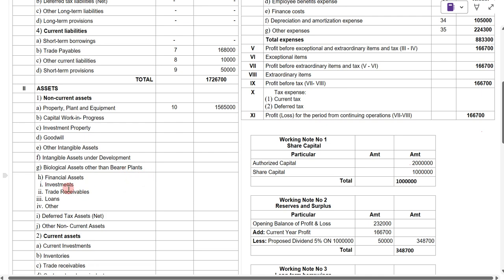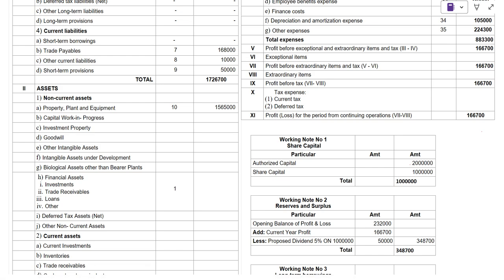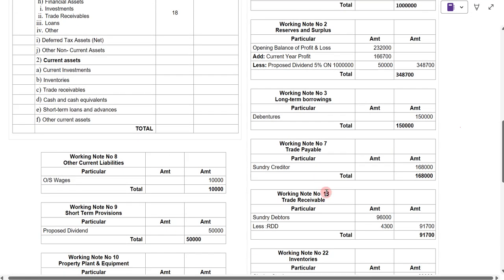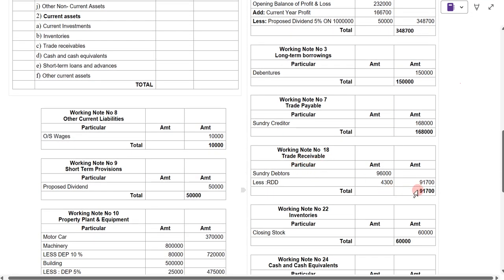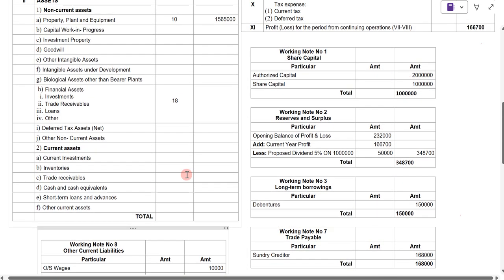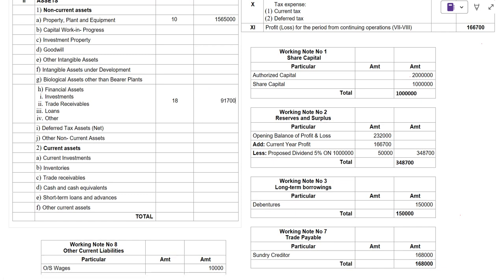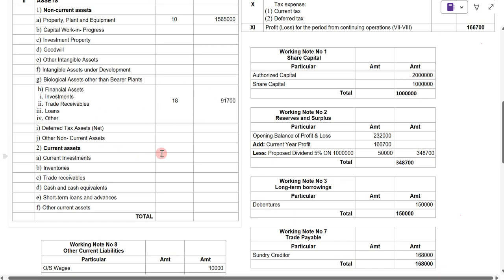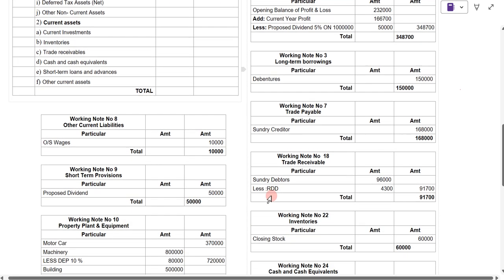Then next, in the current assets we have trade receivables. The note number is 18. See here, the trade receivables total is 91,700. Then directly we have inventories, note number 22.